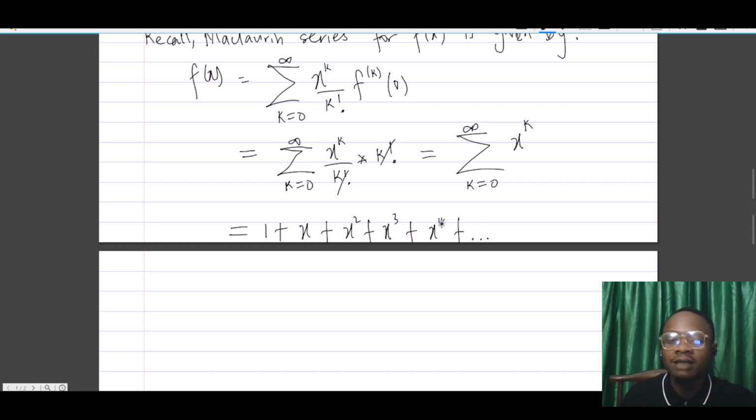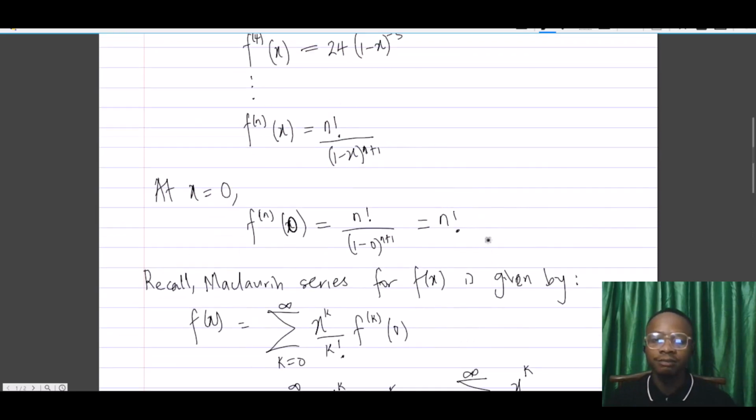To continue like that forever. That has no end, so we're not putting any end there. So basically this is the Maclaurin series for the function f of x equals 1 plus 1 over x.